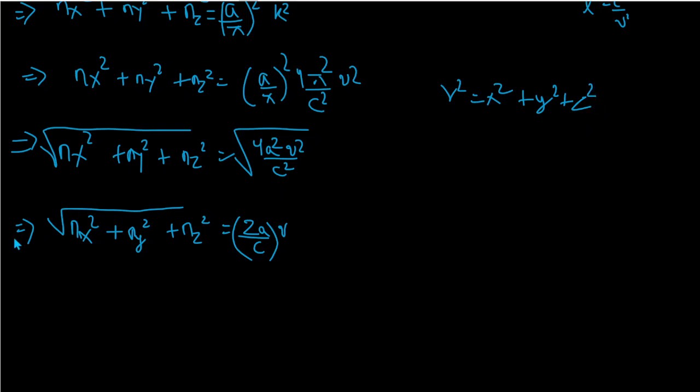Similarly, this expression gives the experience of a sphere, because it is similar: x square plus y square plus z square. It means for the possible values of nx, ny, and nz, there corresponds a certain frequency mu. No matter what values of nx, ny, and nz we put, it will only give the value of a certain frequency mu.